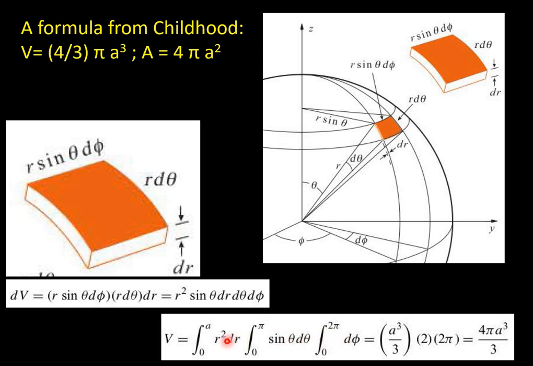And r we are integrating over the limit 0 to a, not infinity, because I want the radius to be a. So it is 2 into 2 pi into r square dr, which gives r cube by 3. After putting the limit you will get a cube by 3. So this is 4/3 pi a cube. That is how we can get the total volume of a sphere just from this small volume element in the polar coordinate system.